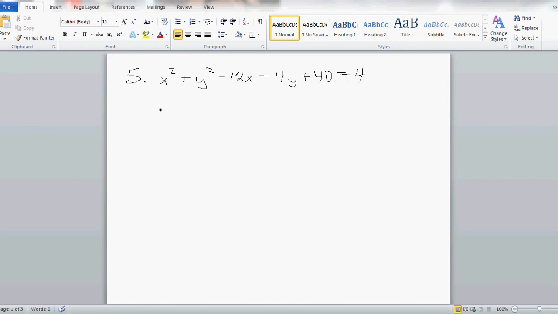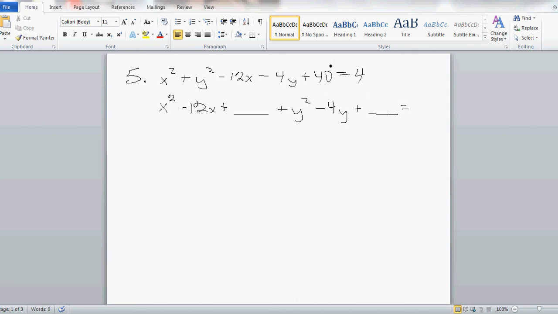So my first step would be to group the x's, so I get x squared minus 12x, and I'm going to leave a little bit of room. Then I'm going to group the y's, plus y squared minus 4y plus, and leave a little bit of room.